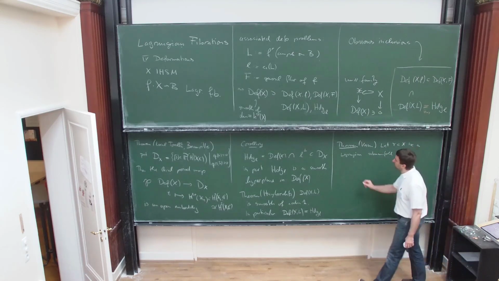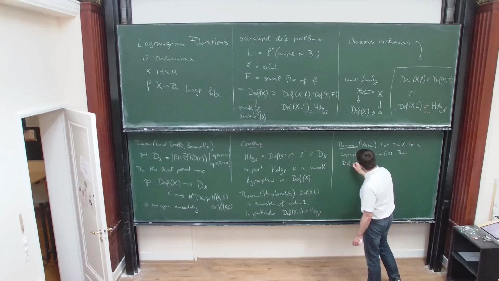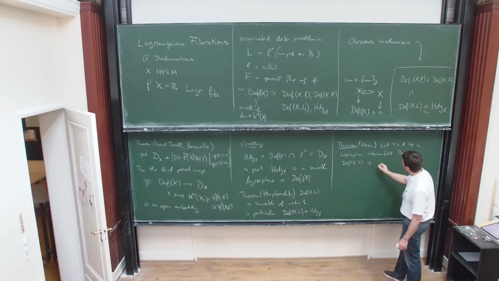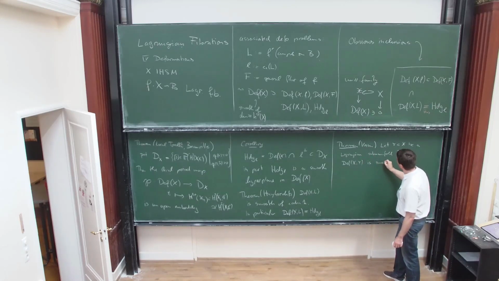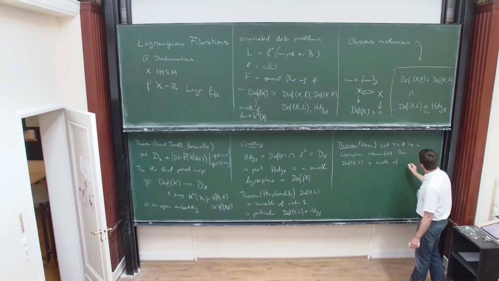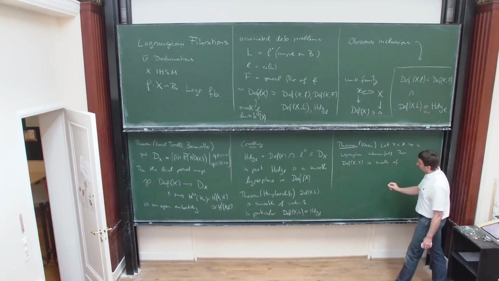Then Def(X, Y) is unobstructed, so it's smooth, of codimension.